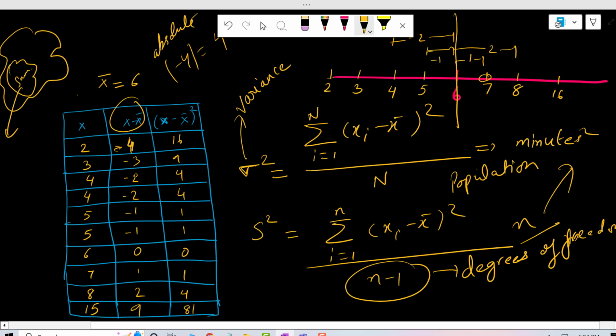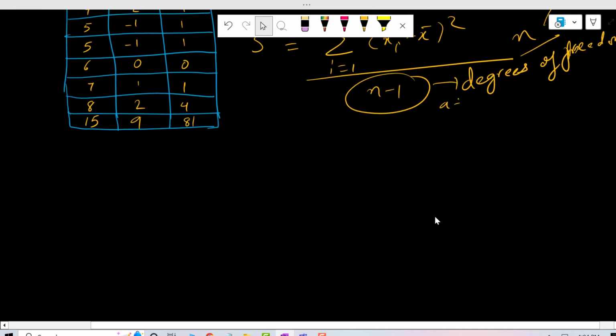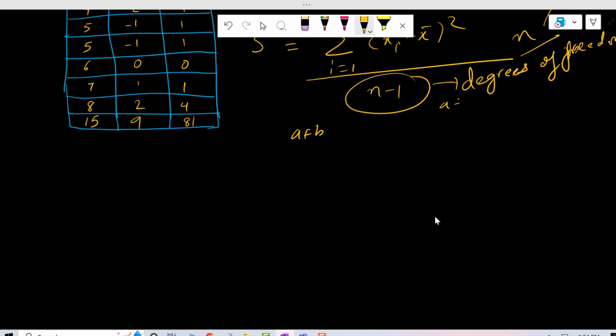But in general, let's understand degrees of freedom quickly. Let's say we have a plus b plus c equal to 10. Or let's say we have a plus b equal to 10. Now here we don't know both a and b, and we are free to choose one value.